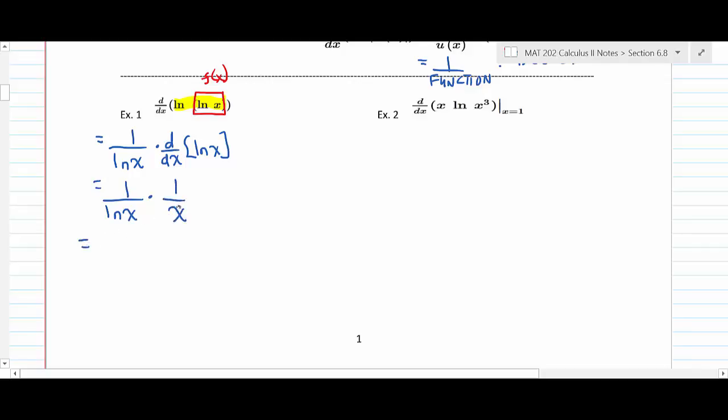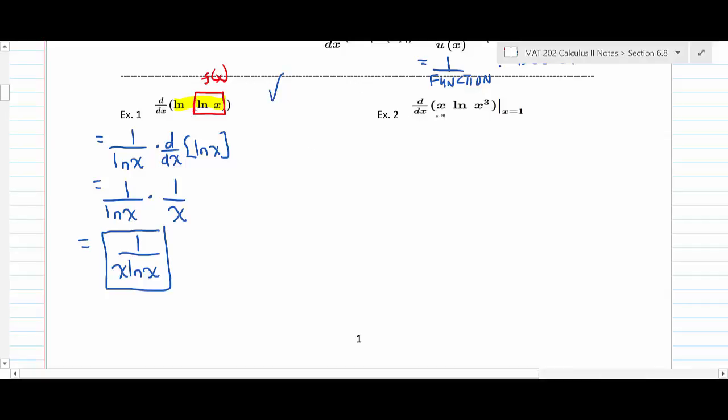The best way to write your answer is to multiply the fraction straight across to get 1 over x ln x, and that's the derivative of that function. Does that make sense to everybody? That's kind of a weird one, an ln of an ln. You could have an ln of an ln of an ln infinitely, and you could still use the chain rule. It's basically the same idea. So that's chain rule.